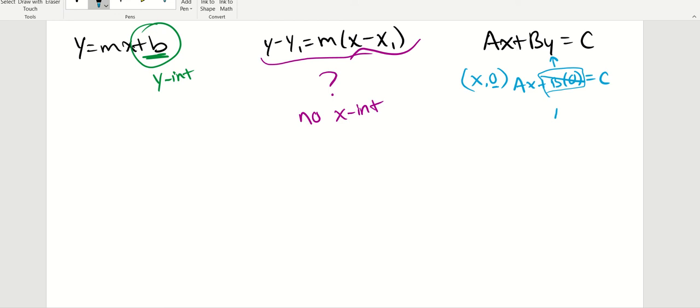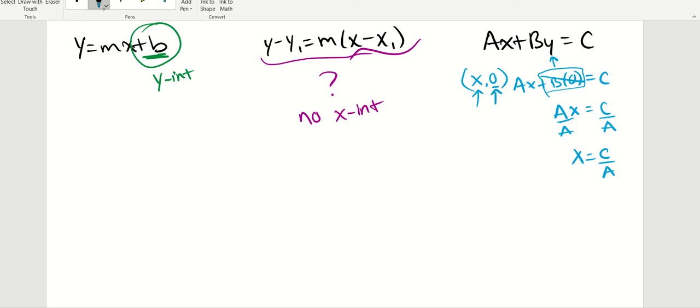And technically, you're just left with solving for x because you have ax equals c. And all you have to do is just get rid of the coefficient of x by dividing. So you can find your x-intercept by looking at your c value and dividing it by your a value. If you don't remember all this, of course, at least remember that your x value is what you're looking for, so therefore your y value is your 0.